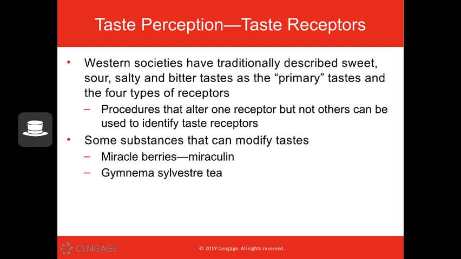So, miracle berries, miraculin, can cause sour things to taste sweet. Gymnema sylvestre tea binds to your sweet receptors and makes it so that you're less susceptible to the effects of sweet things.